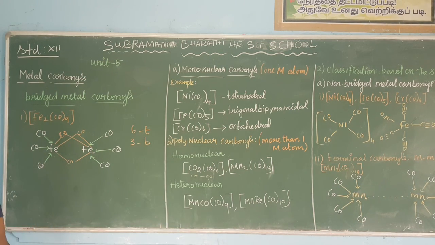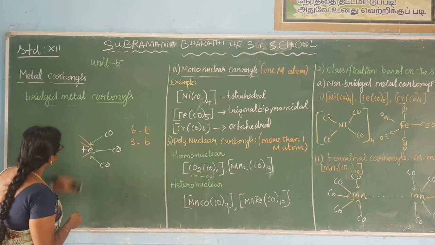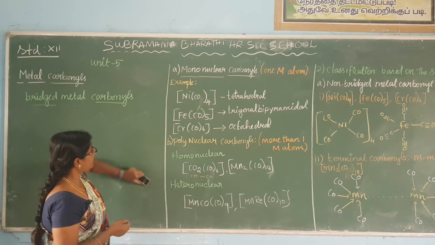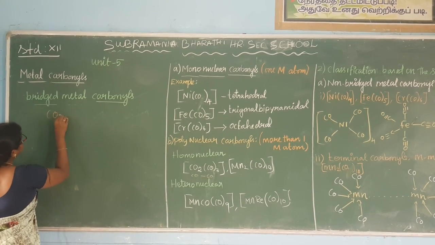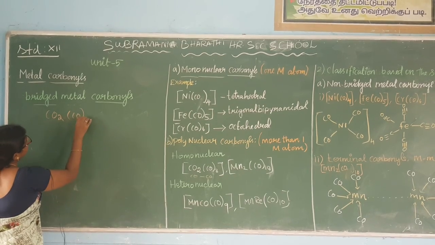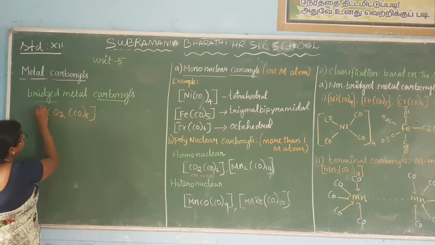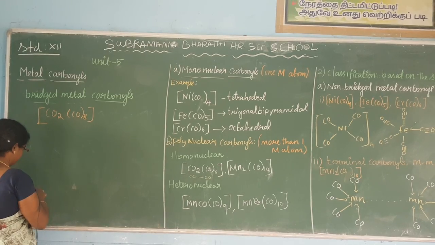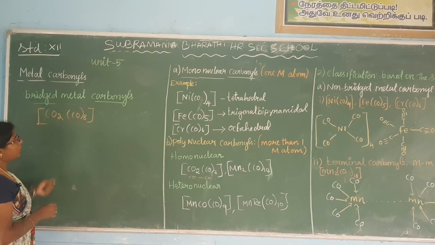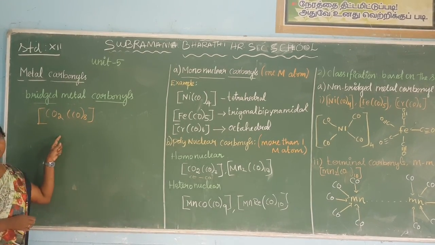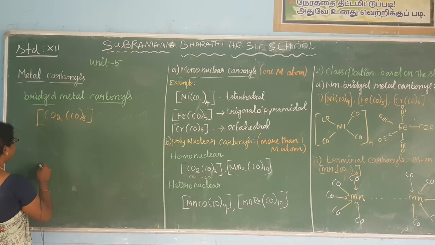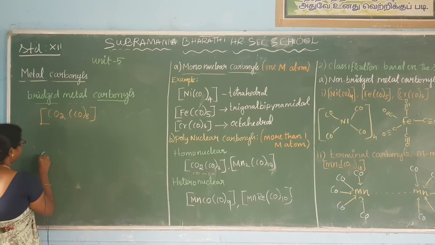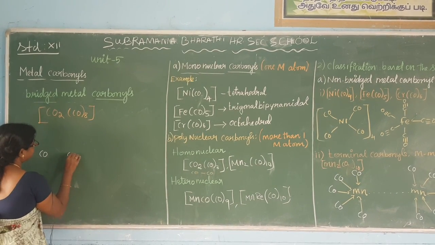Then the next example, dicobalt octacarbonyl. This structure will have 2 isomers. Okay, let me draw the isomers first. We are having 2 metal atoms.